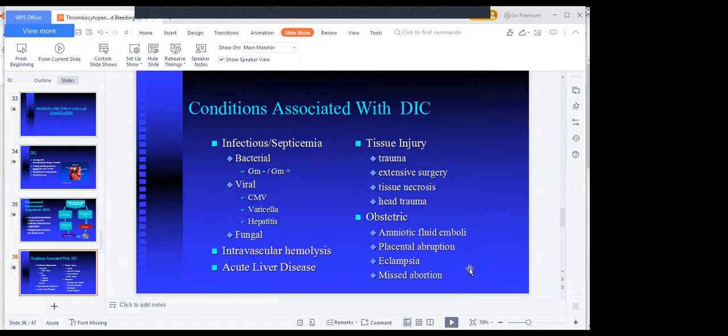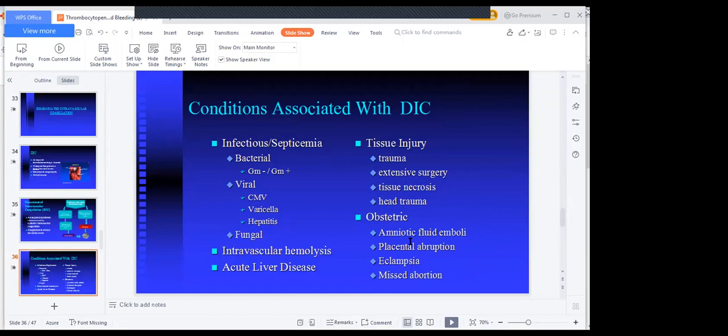Conditions associated with DIC are infection, septicemia, bacterial, gram-positive and gram-negative, viral infection, CMV, varicella, herpes, and fungal infection, intravascular hemolysis, and acute liver diseases. And tissue injuries, trauma, extensive surgeries, tissue necrosis, head trauma, and obstetric causes.